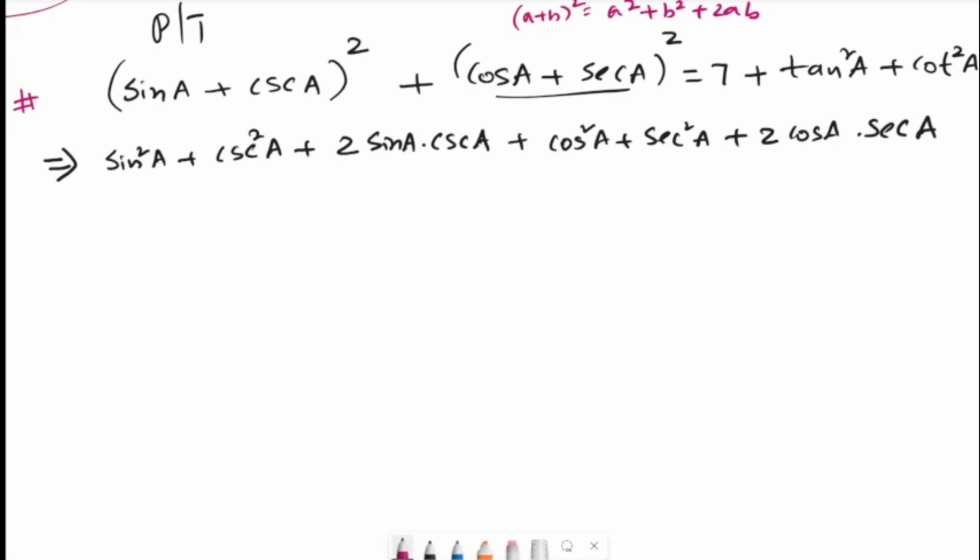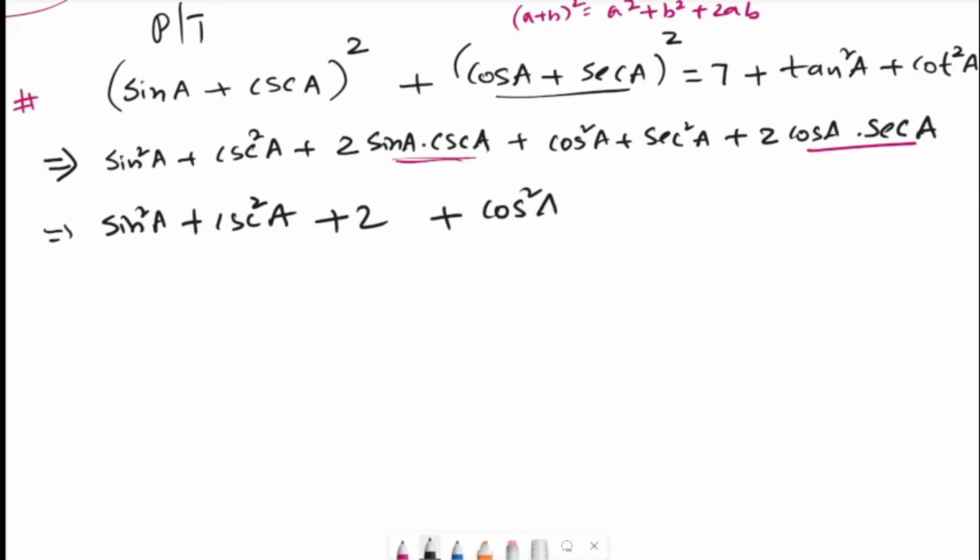The moment I see sin A and cosecant A, they are reciprocal of each other. The product becomes 1. Likewise, cos A secant A, the product becomes 1. So what we get is sin square A plus cosecant square A plus 2, because the product is 1, plus cos square A plus secant square A plus 2. The 2 and 2 we can combine, becomes 4.